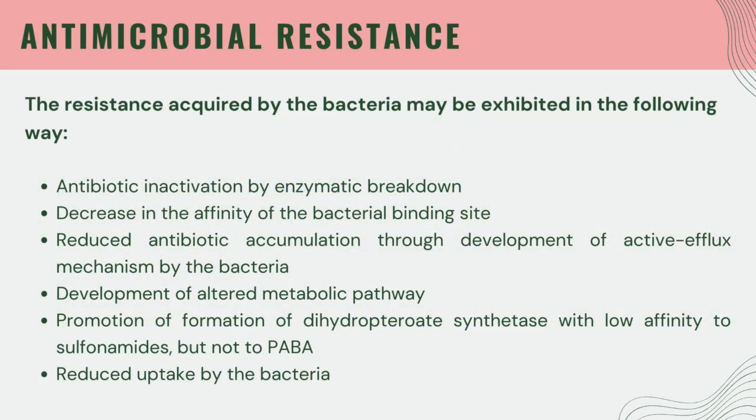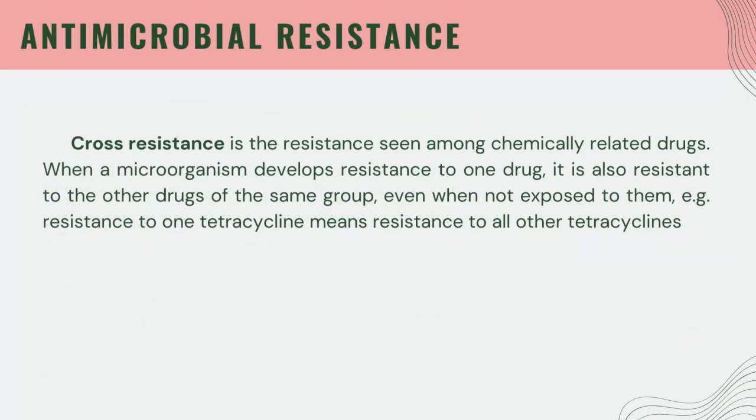The resistance acquired by the bacteria may be exhibited in the following ways: antibiotic inactivation by enzymatic breakdown, decrease in the affinity of the bacterial binding site, reduced antibiotic accumulation through development of active efflux mechanism by the bacteria, development of altered metabolic pathway, promotion of formation of dihydropteroate synthase with low affinity to sulfonamides but not to PABA, reduced uptake by the bacteria.